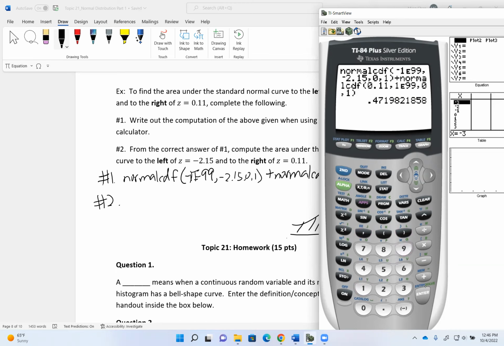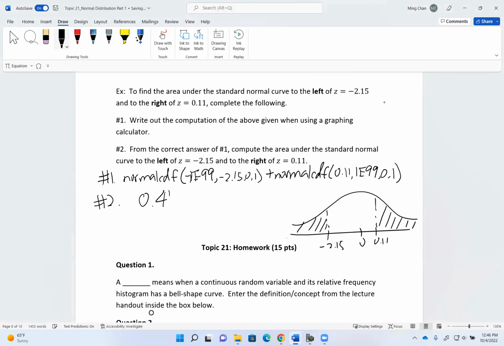All right, to 4 decimal places, 0.4720. The 8 will make the 9 go up, so it'll be 0.4720. There you go.